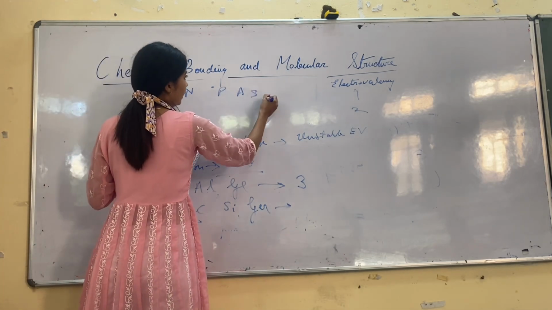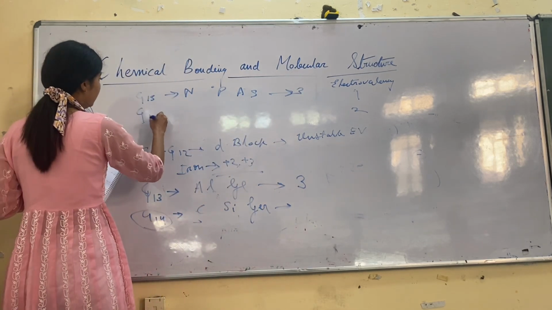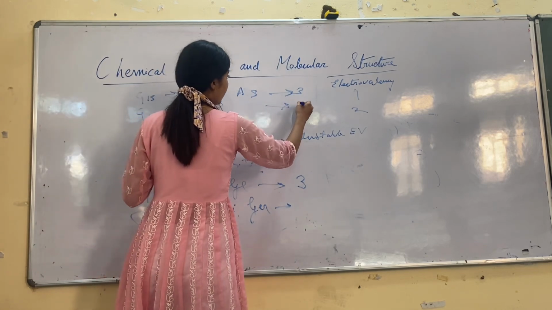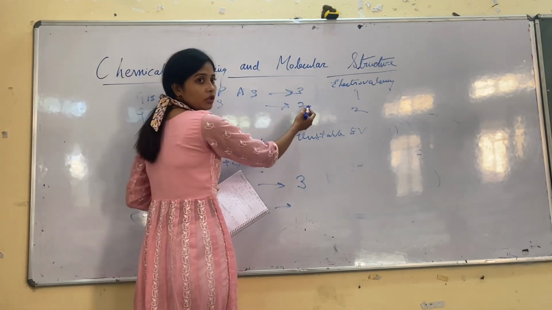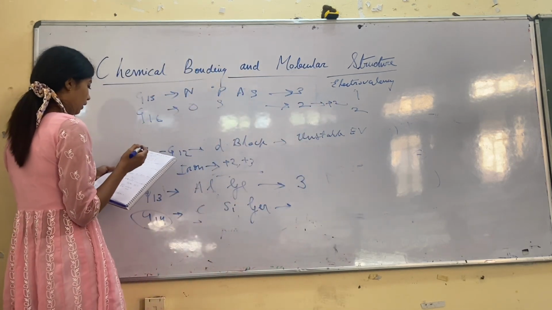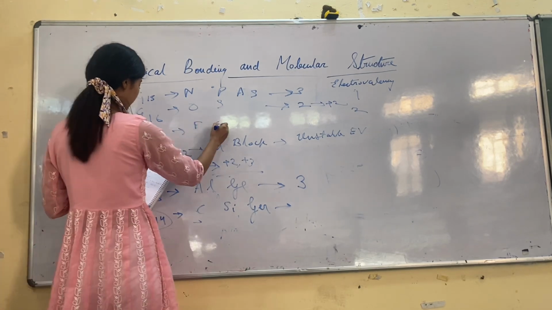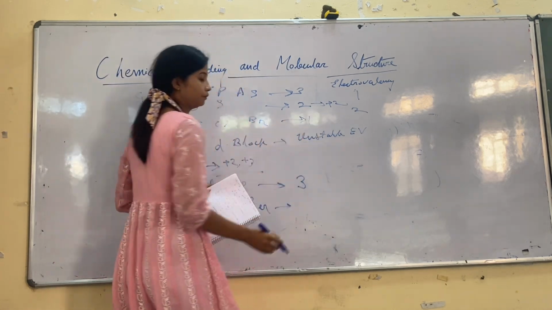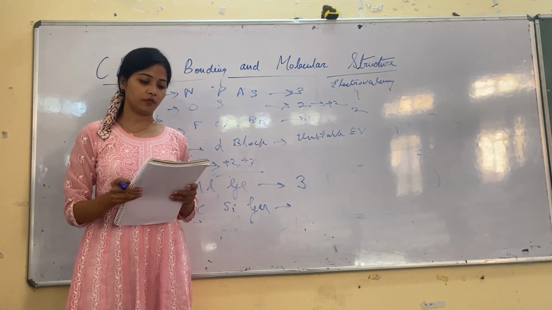N, P, As has electrovalency 3. Group 16, oxygen, has electrovalency 2. Here they gain 2 electrons, but the valency is not negative. We consider it as positive 2. Group 17, F, Cl, Br, electrovalency is 1. With this, we come to the end of the topic electrovalency.